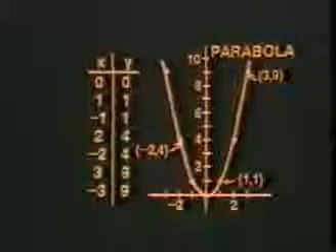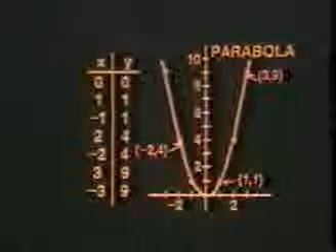On a graph, they look like this, and we see instantly that we're into something new. There's no way a straight line is going to connect these points. We need something else. The nice smooth curve we call a parabola.